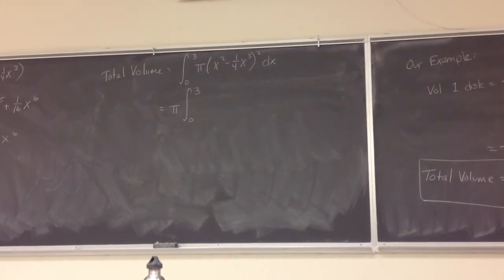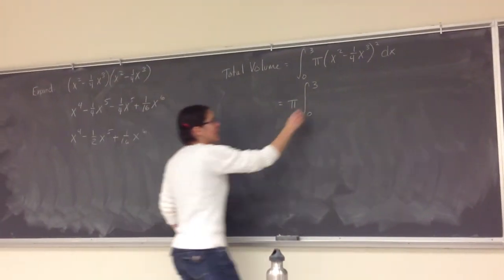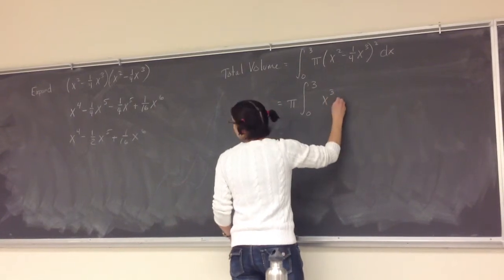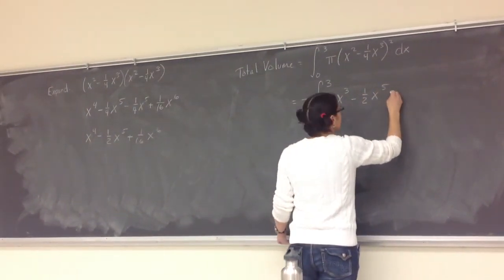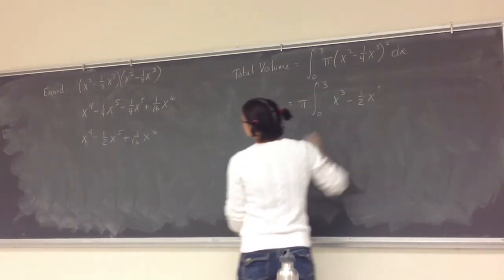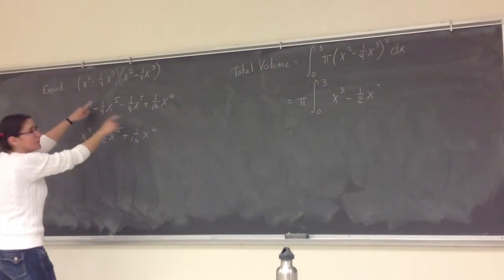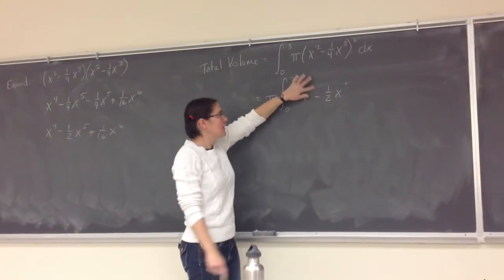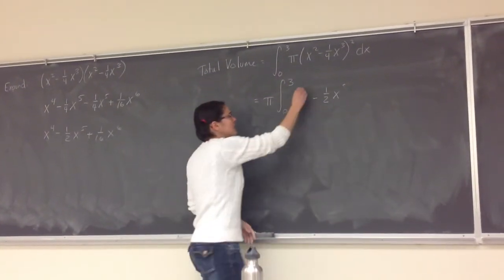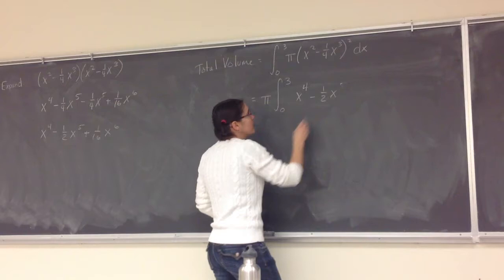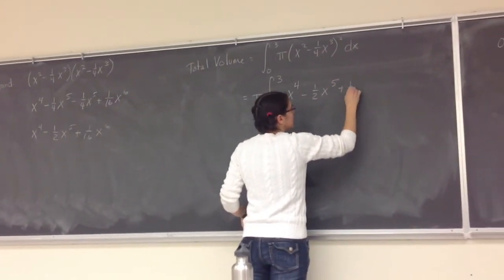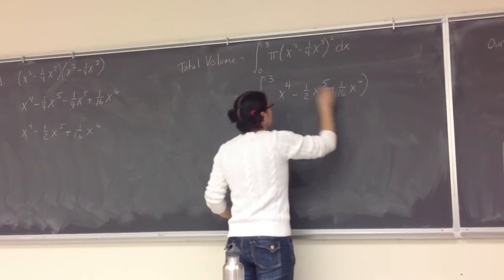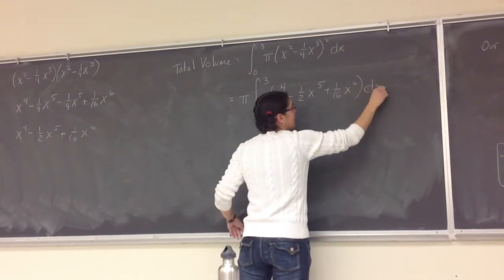We've expanded out the parentheses, and so we've got x to the 4th, minus 1/2 x to the 5th, plus 1/16 x to the 6th. And then we still have our dx.